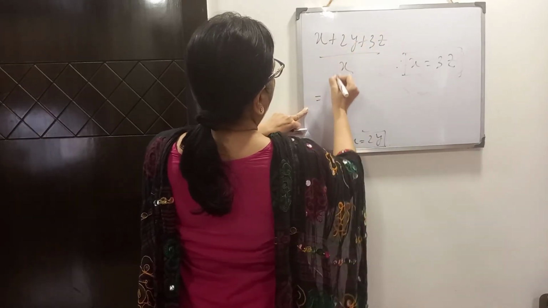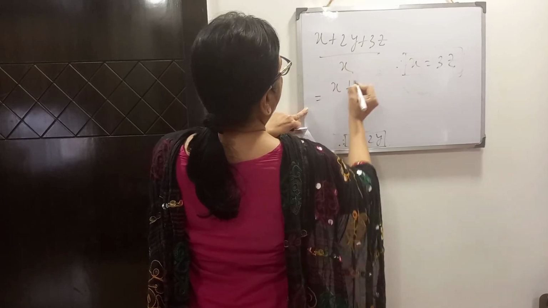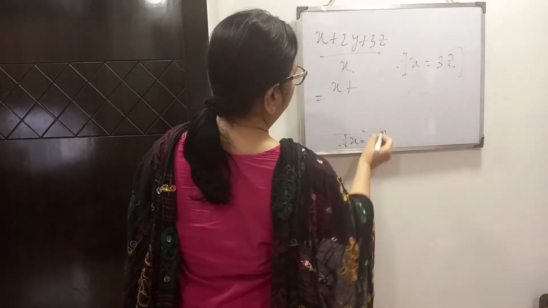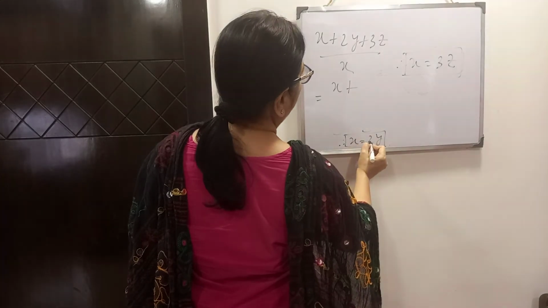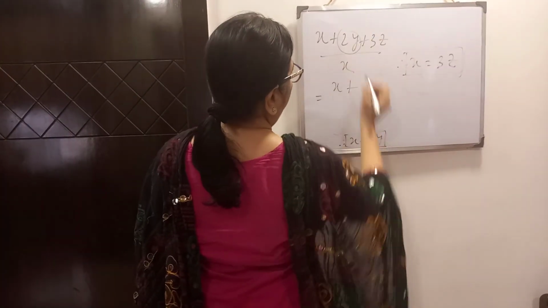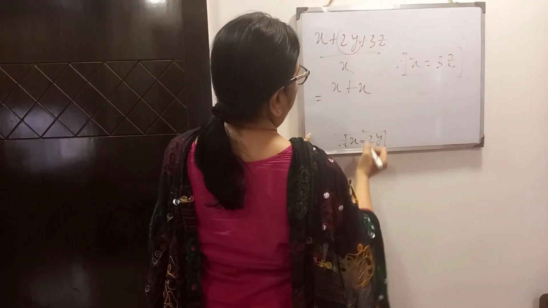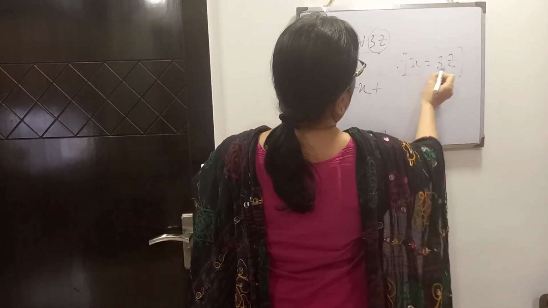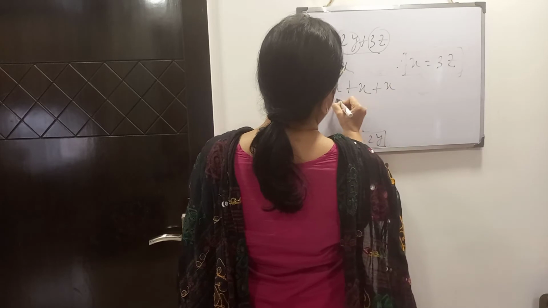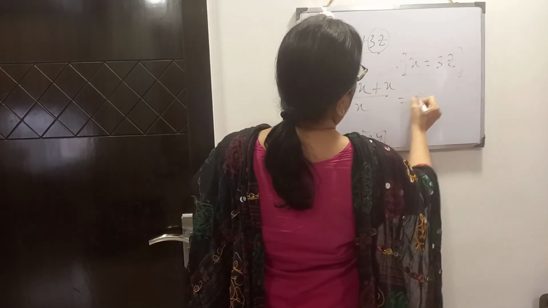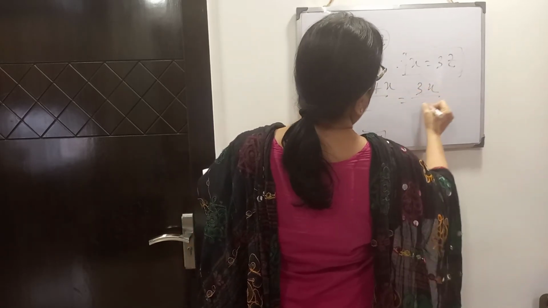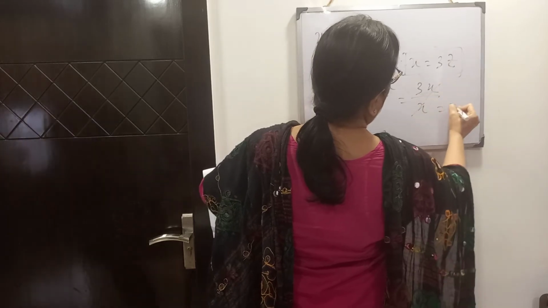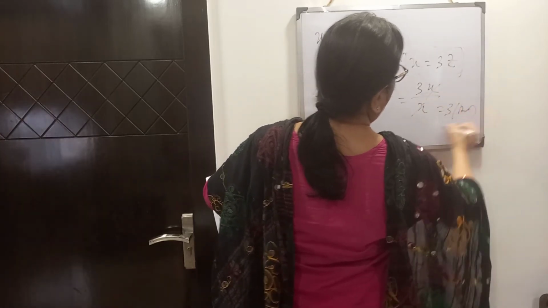Now see from here, x keep as it is. Now 2y, x equals 2y. So in place of 2y, I can write x here. Similarly, from here, in place of 3z, I can write x from this relation, by x. Now after adding 3x by x, so answer is coming 3. It is important for exam.